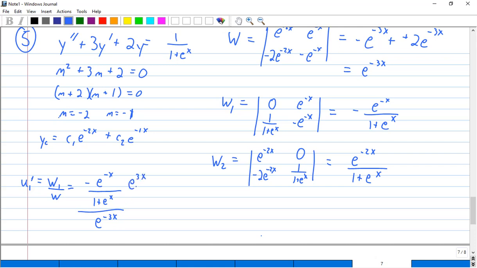So again, it's 1 over e to the negative 3x, but you bring it to the top, it becomes e to the 3x. So then you can put those two terms together. So that's just going to be negative, and then we got e to the 2x over 1 plus e to the x.